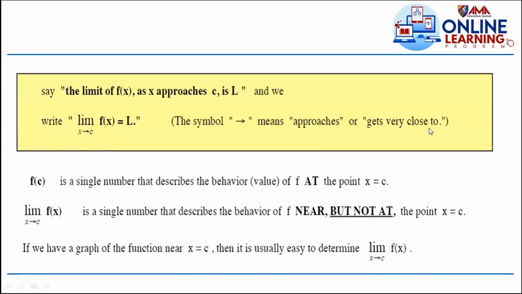So, ganun din po yung ginawa natin noon sa tangent line. Hindi siya po eksakto doon sa point of reference po natin. Okay? So, f of c is a single number that describes the behavior of f at the point x equal to c. The limit of f of x as x approaches c is a single number that describes the behavior of f near but not at the point x equal to c.